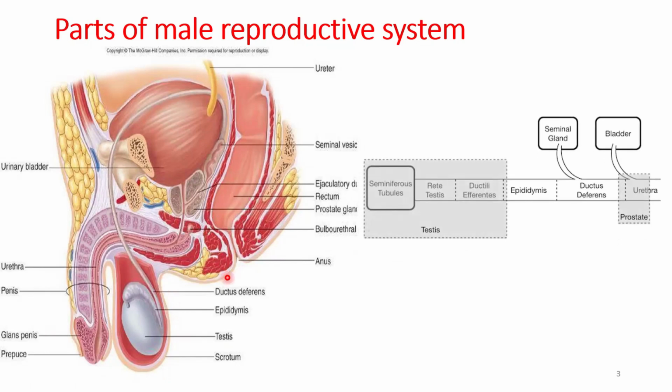So the flow of sperms on the image on our right will be from the seminiferous tubules to the rete testis, from the rete testis and the ductuli efferentes to the epididymis, and then from the epididymis, we'll have the seminal vesicles joining the ductus deferens at this point to give us the ejaculatory duct.